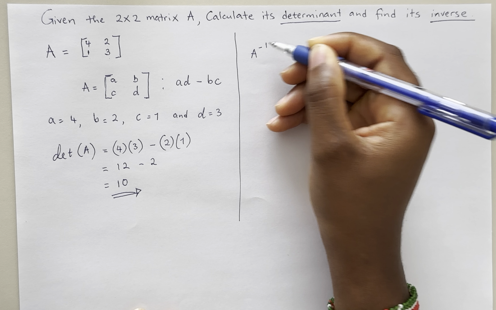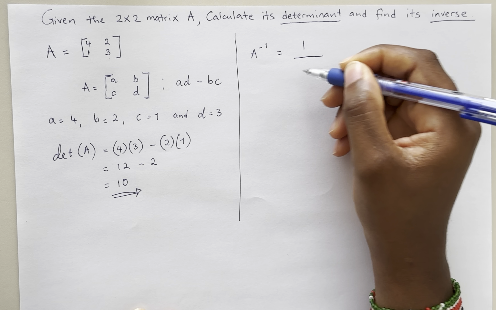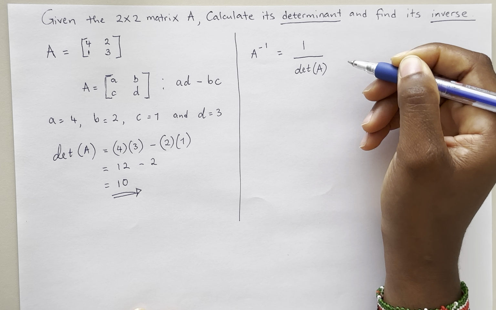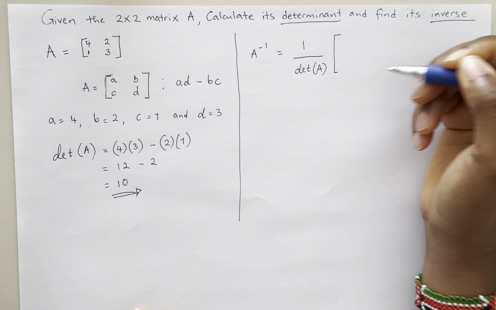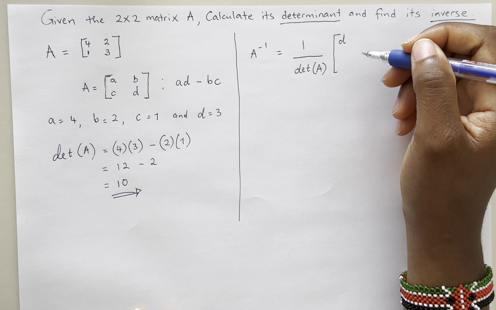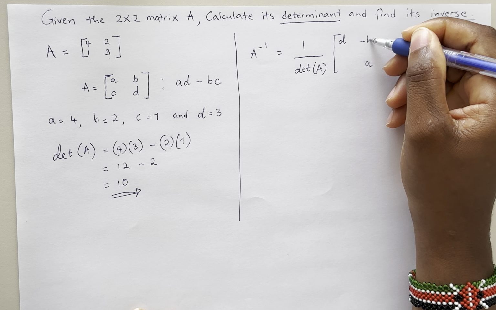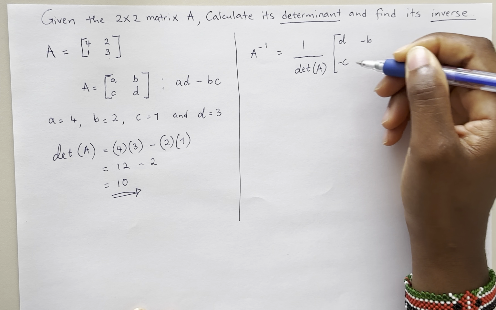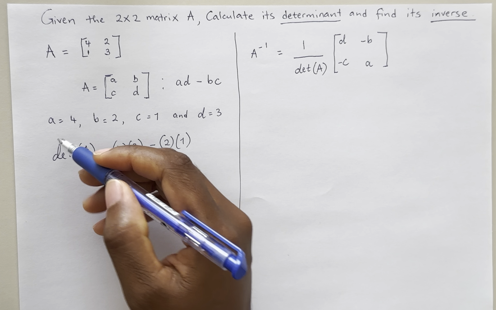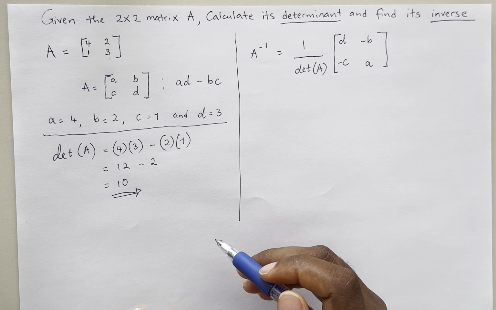A inverse is equal to 1 over the determinant of A, then we open the brackets and we have our D. Now you swap them, so this one will be D and this one will be A, and this one will be minus B and this one will be minus C. And we already know the values of A, B, C, and D.